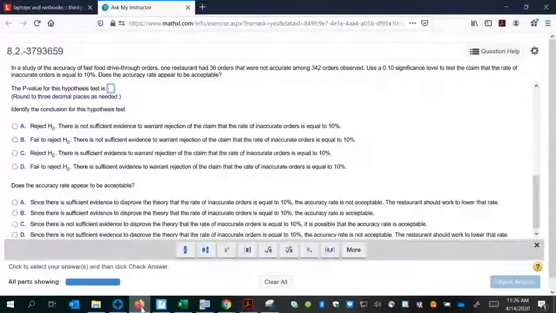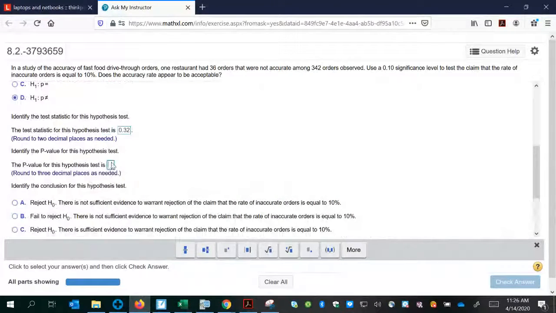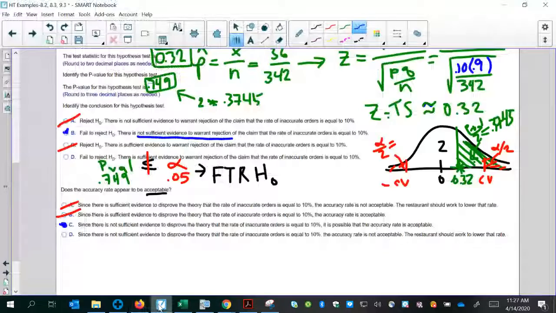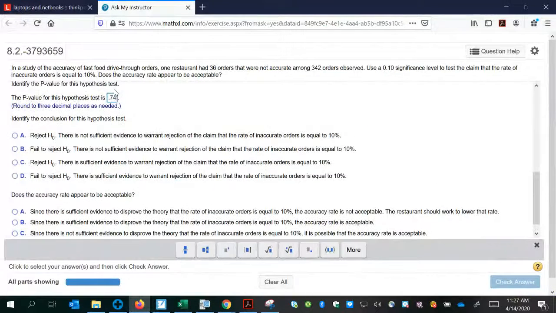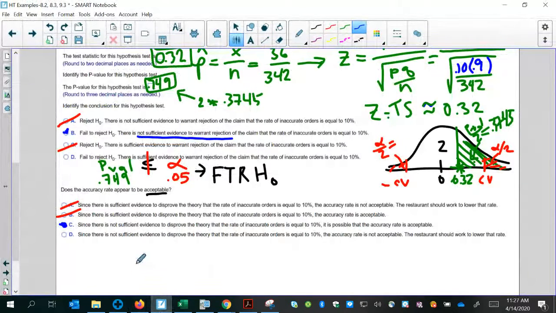So let me go over and put in what I found here. For the p-value, we had 0.749. Identify the conclusion for this hypothesis test. We chose B, and then C for the next part.